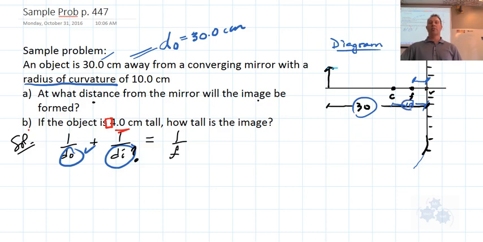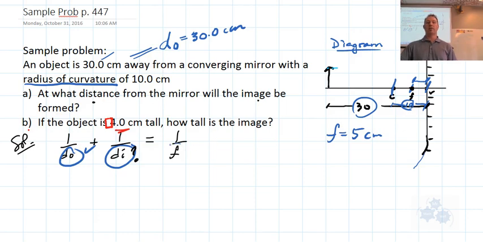Do you remember the relationship between the focal length and the radius of curvature? The C and the F there? The C is twice the distance of F. So F is half of the length of C. Yeah. So F here is 5 centimeters. Okay, it's half of 10.